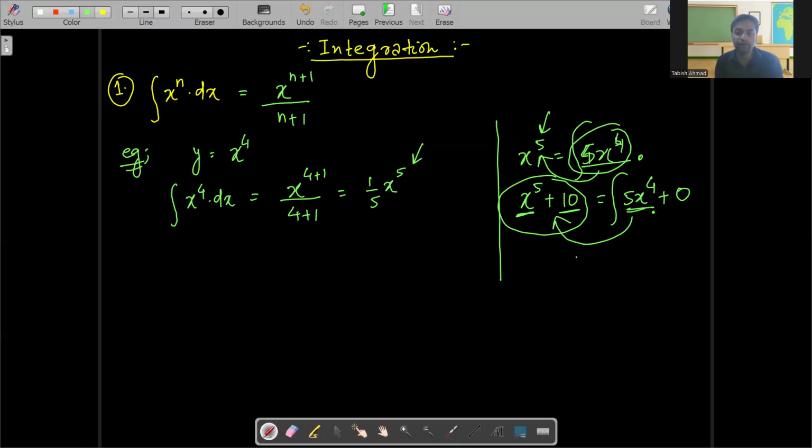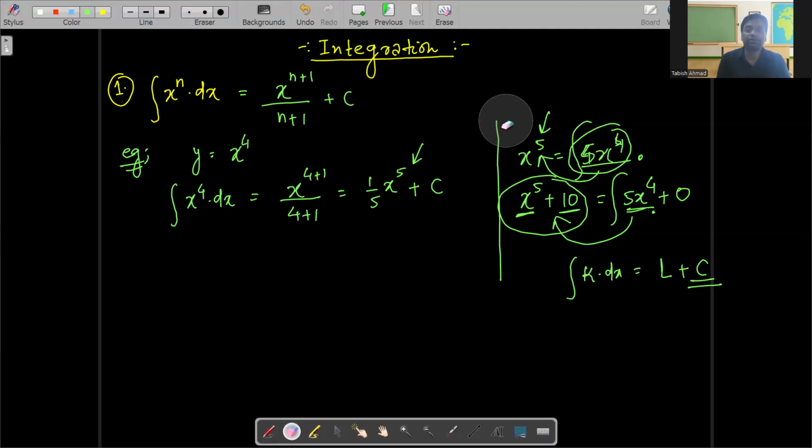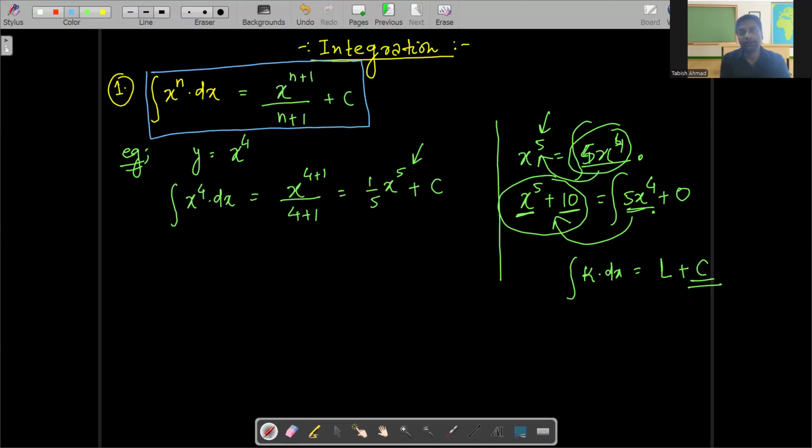So whenever we do integration of anything, for example k dx, we put a constant of integration, that is plus C. With time you will understand this. The basic formula here is that the integration of x to the power n is x to the power n plus 1 over n plus 1.